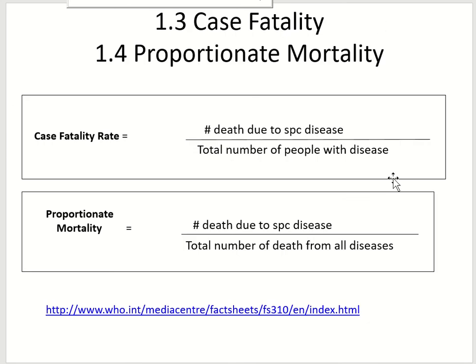So continuing with mortality, we have case fatality and proportionate mortality. Case fatality is basically the number of deaths due to a specific disease divided by the total number of people with the disease. So when I say case fatality, this is how much the disease is killing among the people that have it. I remember at the beginning of the pandemic for COVID-19, they were saying that anywhere between 2 to 3% of people contracting COVID-19 were dying of COVID-19.